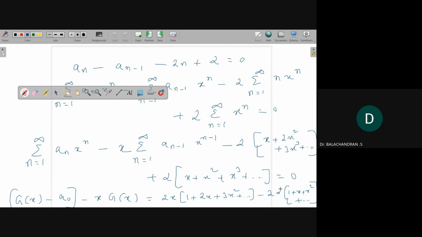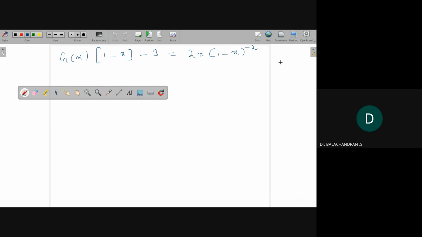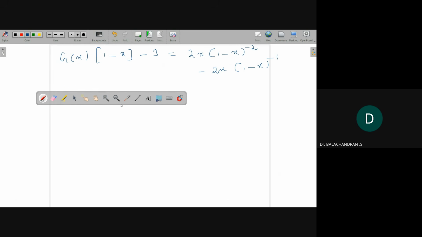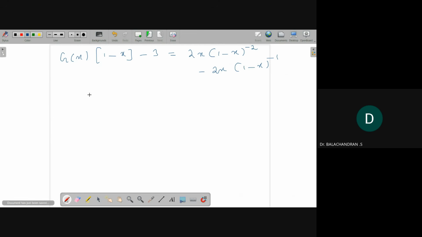plus 2x into 1 minus x whole power minus 2, and then minus 2x into 1 minus x whole power minus 1. So now g of x into 1 minus x, which is equal to 3 plus 2x by 1 minus x whole square plus 2x by 1 minus x whole power 1.